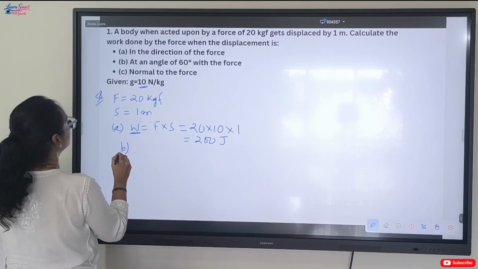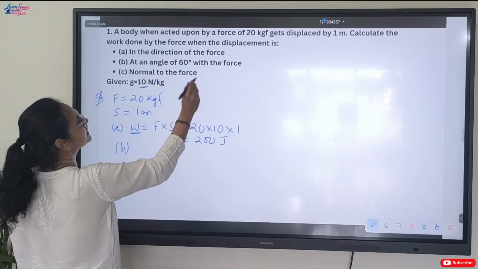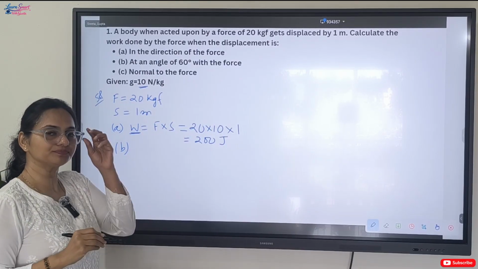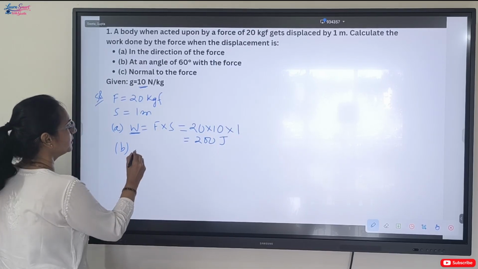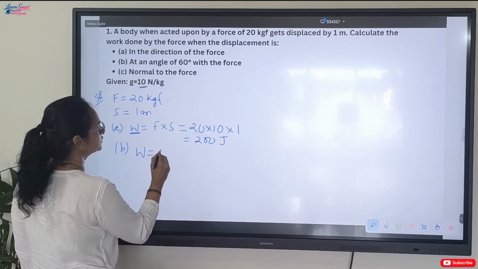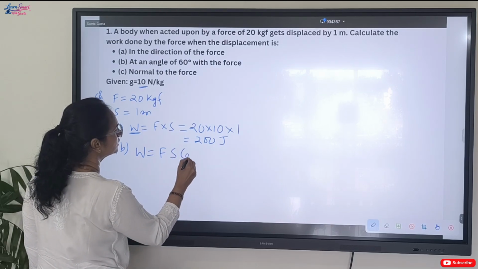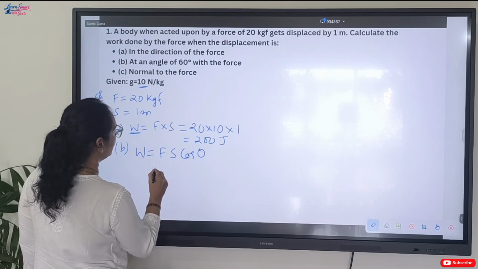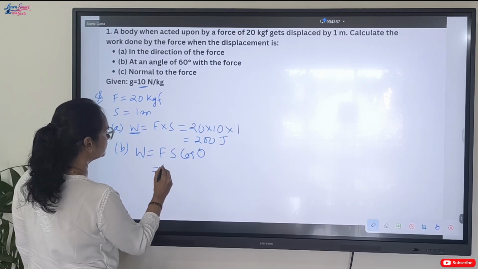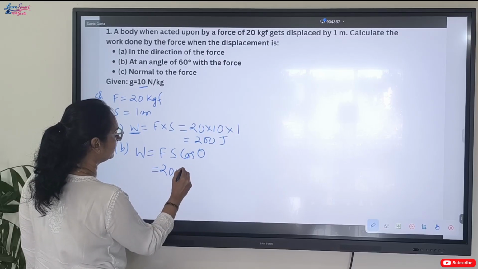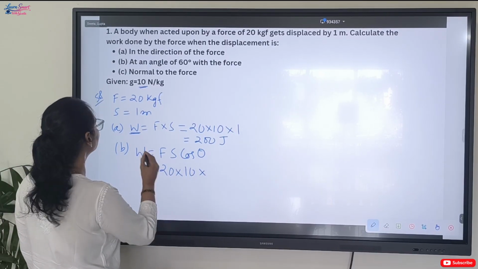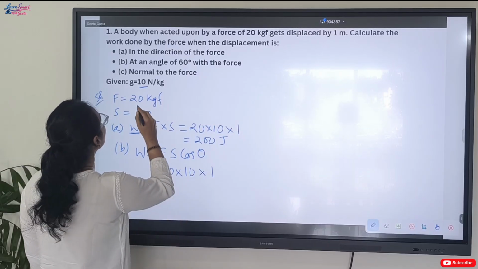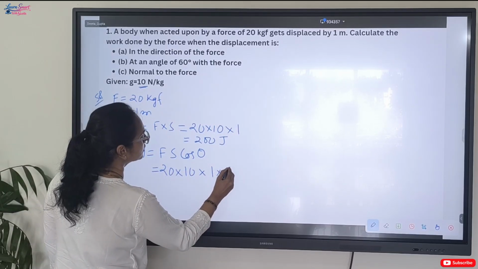Second question, number B. At an angle of 60 degree with the force. So whenever the displacement is at an angle, the formula that we use is W equals to Fs cos theta and F will be same, which is 20 into 10 Newton we are converting it to, and S is given 1, we will take 1 and we will take cos.